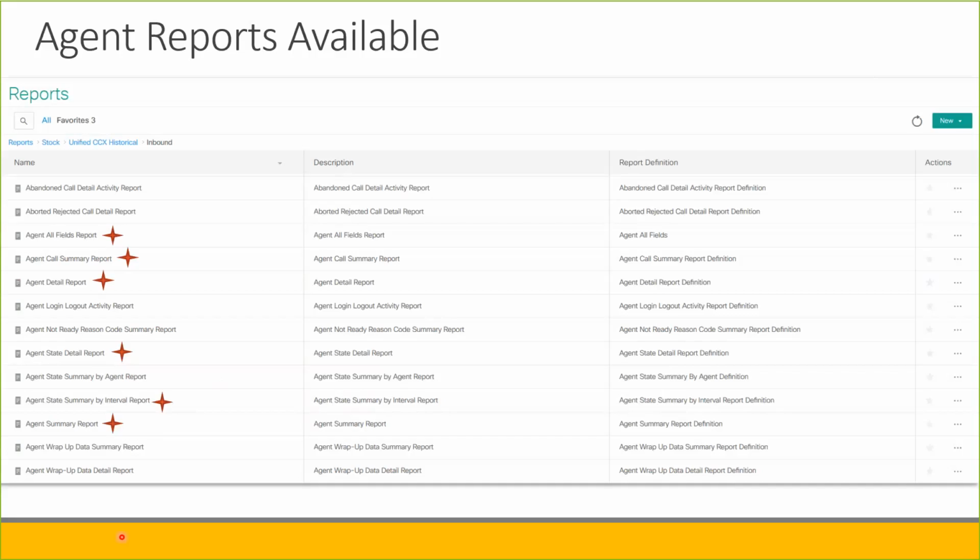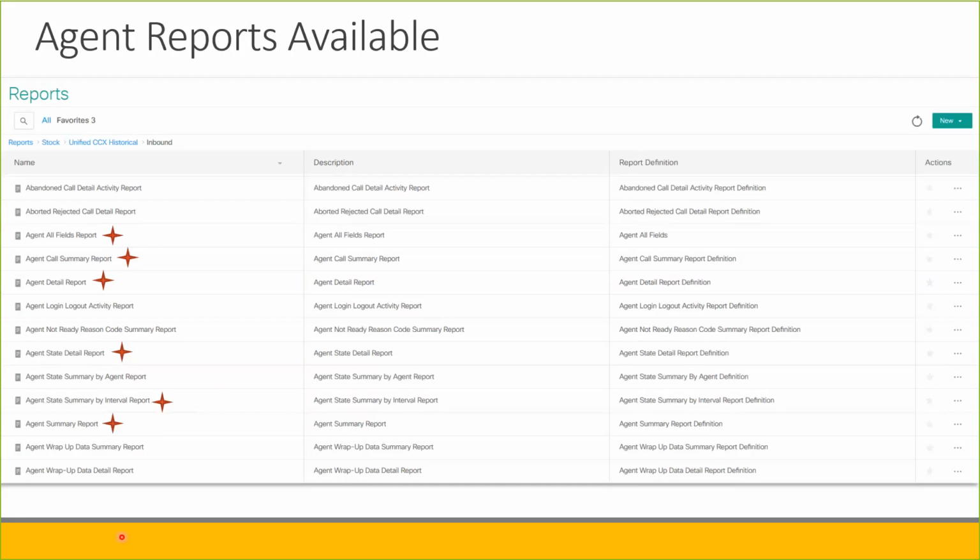Or do I need to look at it in closer detail? Is there an anomaly in the data, or am I looking for data that I need to put into some sort of pivot chart to feed an outside source? So I'm going to talk about a few different ones.